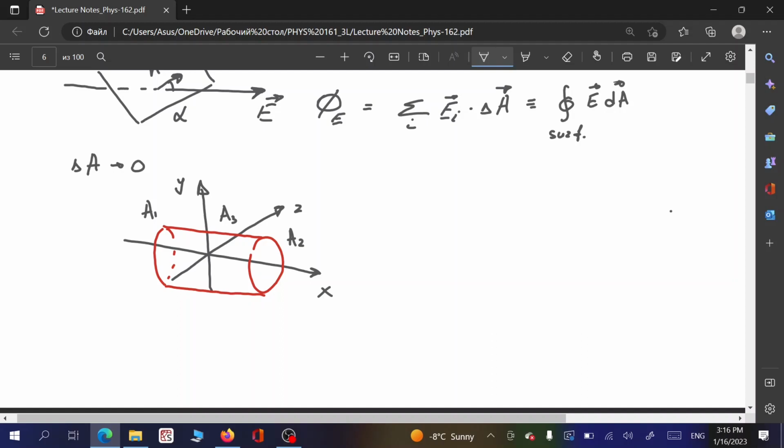So here will be normal unit vector n1, here normal unit vector n2, and normal unit vector n3.